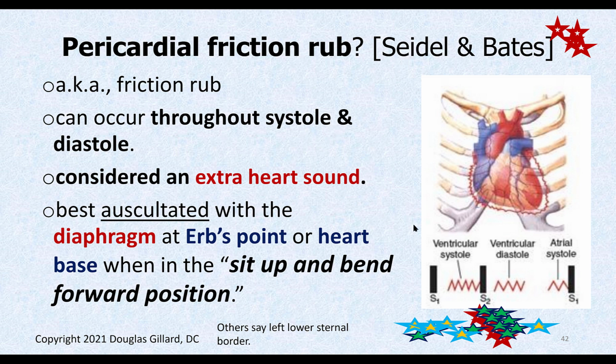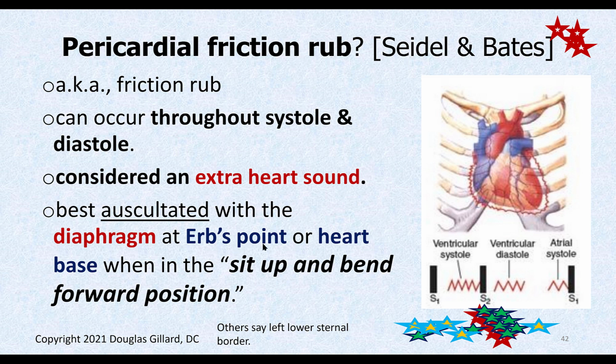This sound, when it's fully mature, there is one systolic sound and two diastolic sounds that can be heard on top of your S1 and S2 heart sound. For chiropractors, we are going to auscultate for this at Erb's point. Some of the medical texts say it's best to auscultate this in the left lower parasternal border, so the fourth and fifth intercostal spaces parasternal border on the left.